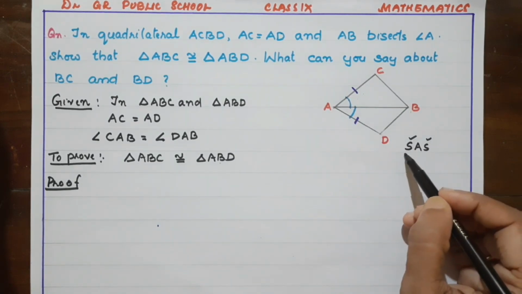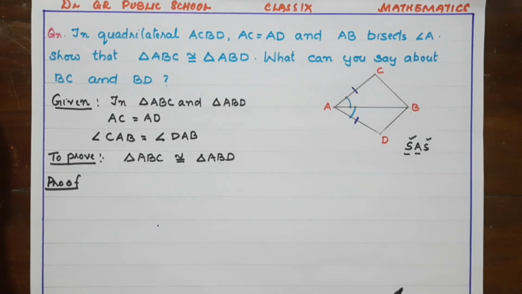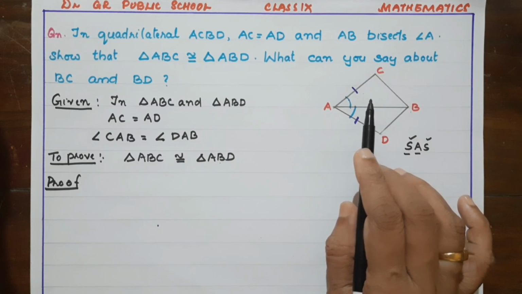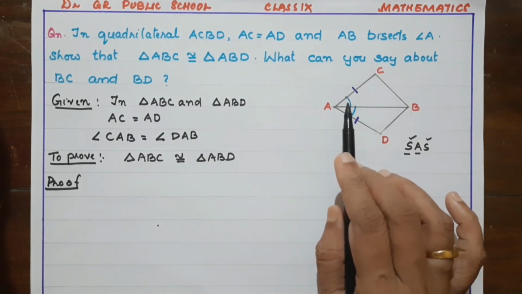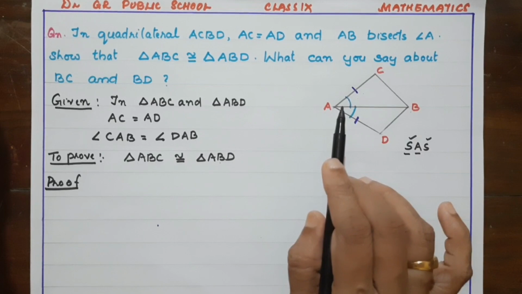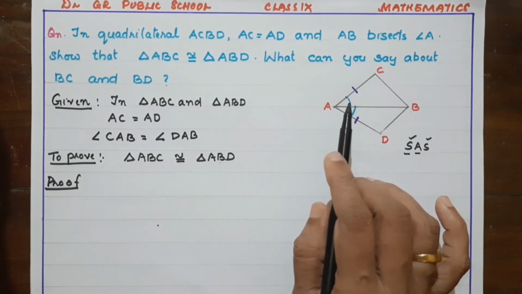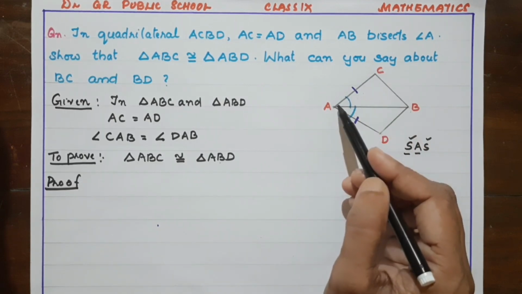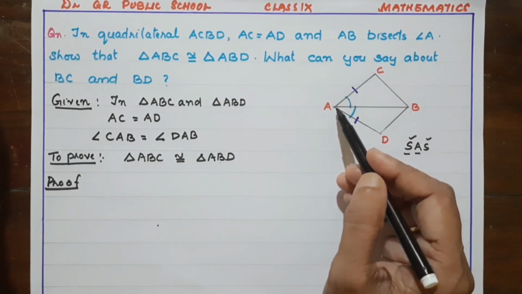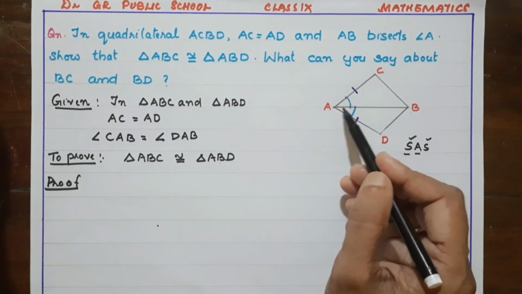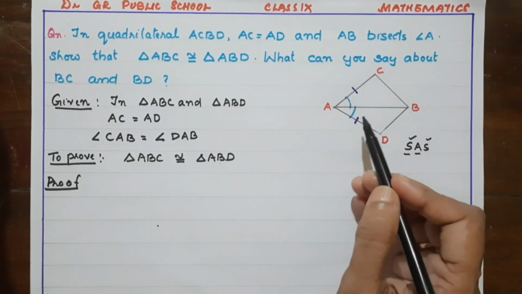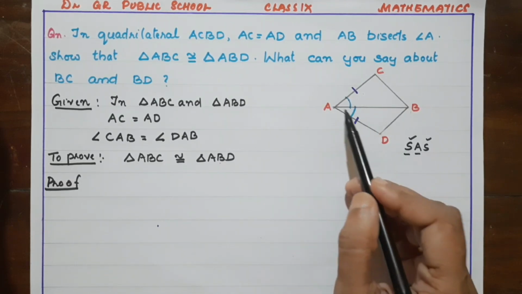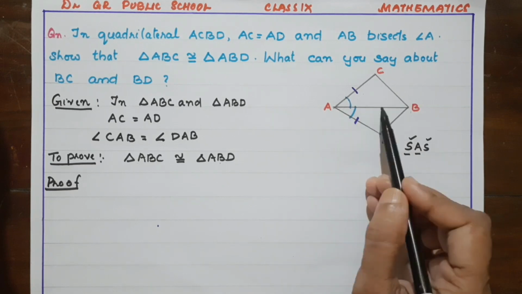So we got one side and one angle. When we consider this triangle, which is the other side that includes the given angle? We know about only this angle, isn't it? So which is the side? One side is AC, which is the other arm for the given angle, AB. For this angle also, one arm is AD and the other arm is AB.